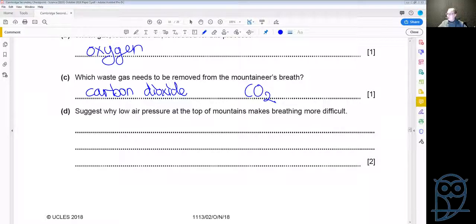There is a question. Do we always need a breathing apparatus when climbing a mountain? We don't necessarily always need a breathing apparatus when climbing a mountain. It's only if the mountain is especially high. So Mount Everest, you do need breathing apparatuses. There have been people who climbed it without them, but that was years ago and they actually suffered quite a bit of damage. So other mountains that you will need breathing apparatuses for is places like Kilimanjaro.